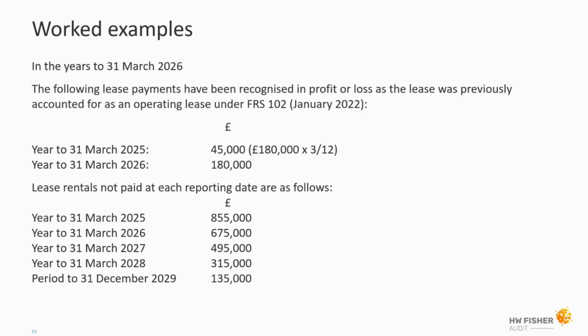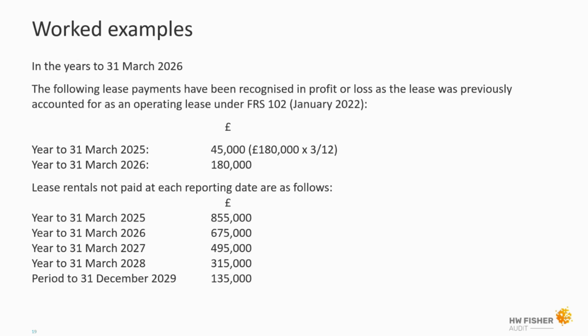That means, looking at it from the new standards, what we had not paid at the 31st of March 2025 was an additional £855,000 in our 5 years left that we hadn't paid. We'd expect that in the normal situation to be held in your operating lease disclosure at the back, but there's nothing on your balance sheet.